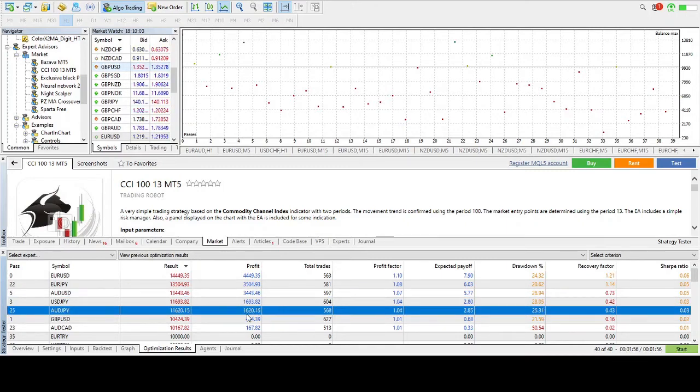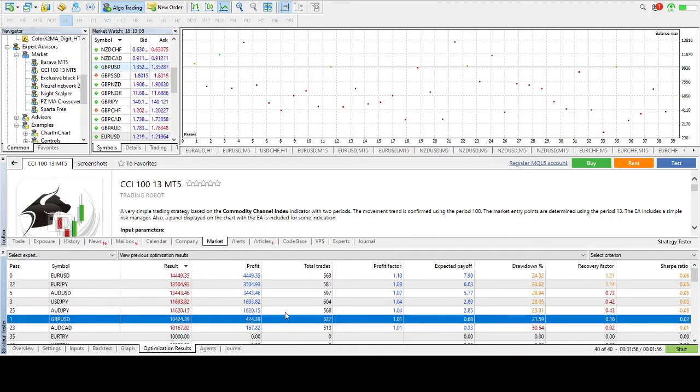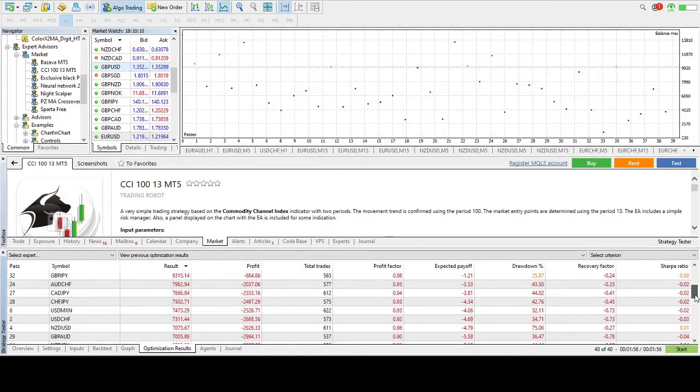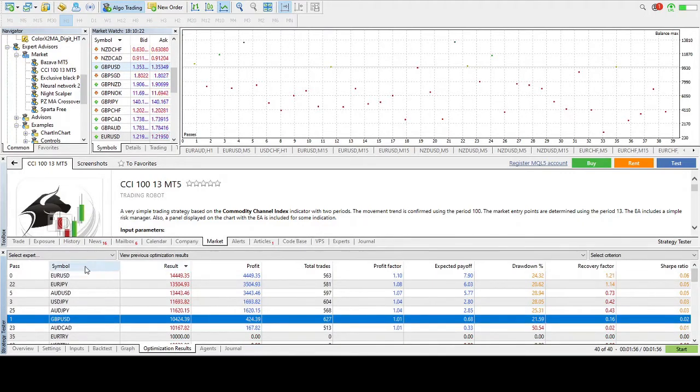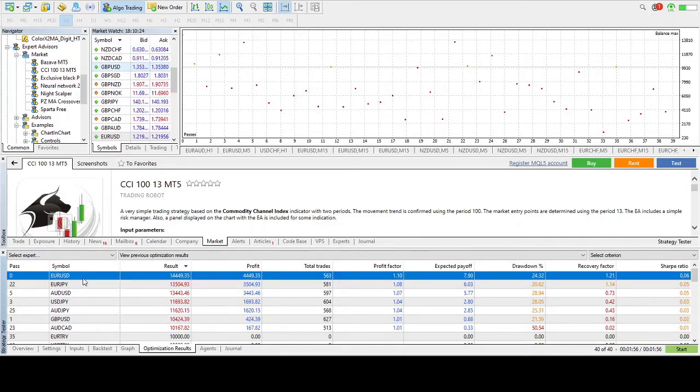I look at 16% and that's a decent return on a year, but 4% I'm not going to worry about. But then on the other side, there are big losses everywhere. More likely than not, maybe with these specific currencies you might do well with this expert advisor, but I definitely wouldn't run it on all currencies, that's for sure.